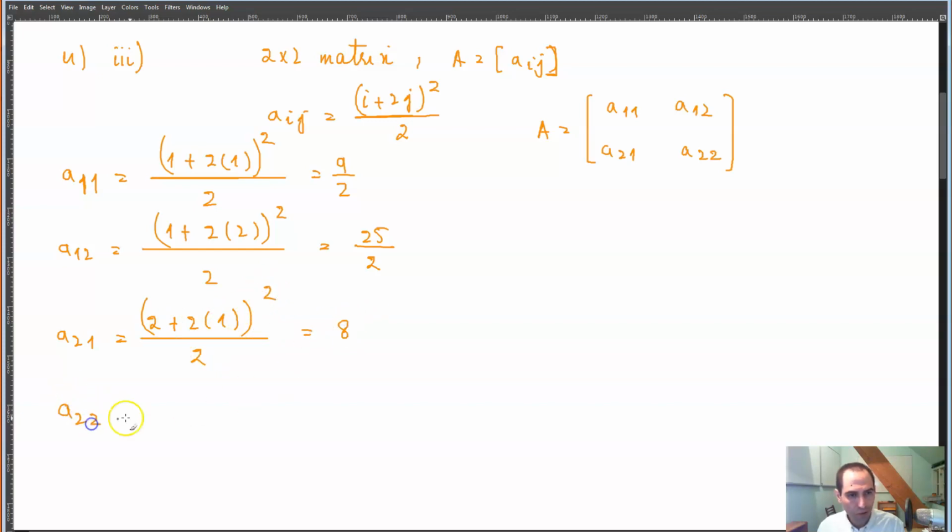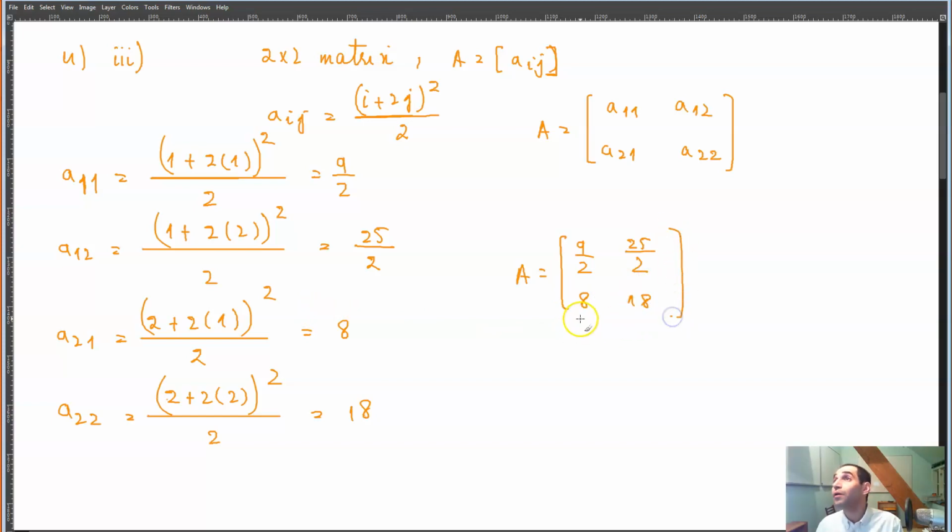And A22 is equal to 2 plus 2 times 2, whole raised to the second power divided by 2. This is 4 plus 2 is equal to 6, 6 squared is equal to 36, 36 divided by 2 is equal to 18. And then your matrix becomes 9 halves, 25 halves, 8 and 18, right? Which is the correct answer.